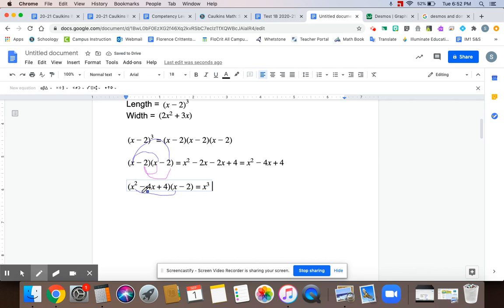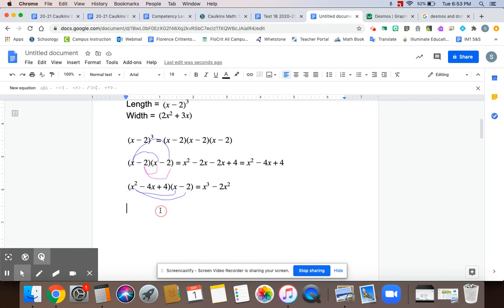Then x squared times -2 is -2x squared. This first term in my first parentheses went to both in my second parentheses. Now I have to take my negative 4x and multiply it to both terms in my second parentheses.